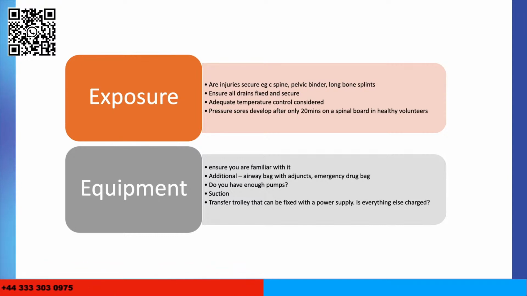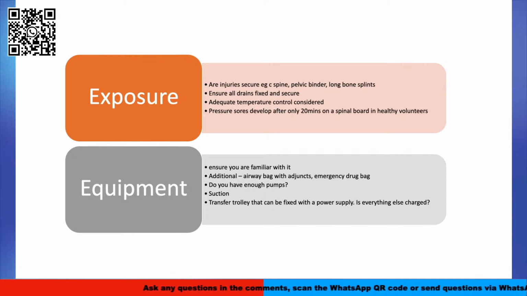So airway adjunct bags, emergency drug bags, which may include things like amiodarone or your cardiac arrest drugs, to make sure that you've got suction, which often needs to be manual suction, and to make sure that you've got an appropriate transfer trolley that can be fixed into your mode of transport.